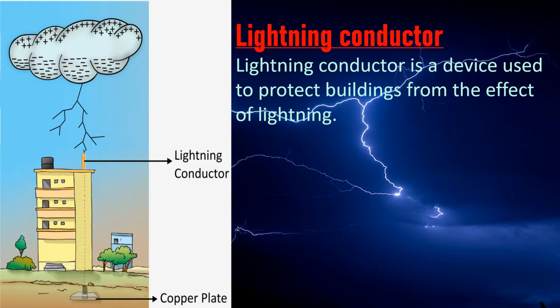This can be very dangerous and can result in the building or the tree catching fire because of the huge amount of energy released. Thus, we use a lightning conductor to protect it. So, a lightning conductor is a device used to protect buildings from the effect of lightning.